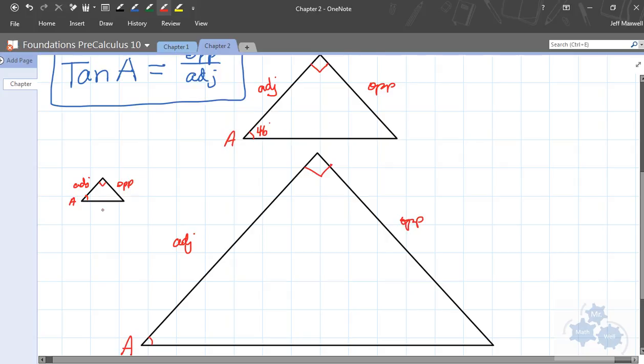I think it's supposed to be 45 just because the computer generated this, but let's go with 46 for all three of these angles. Now, what we want to do is measure the side lengths. The opposite side here is exactly 5.9 centimeters.